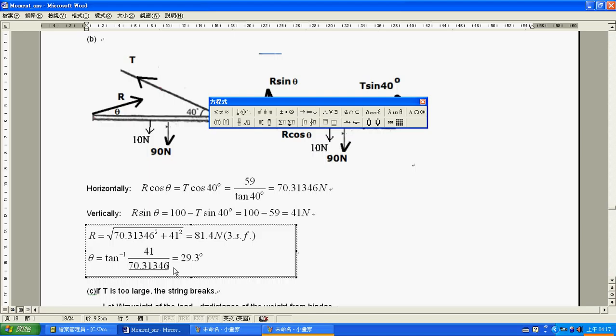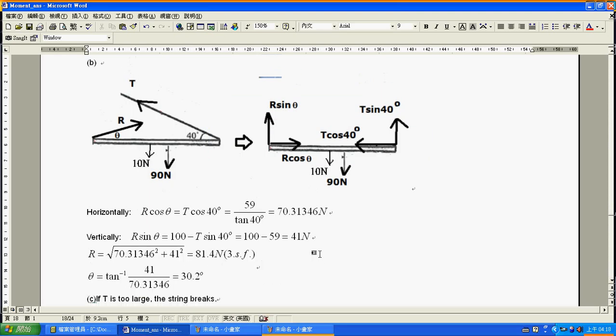So the angle at which the reaction acts should be arctangent of 41 divided by 70.31346. So what do we get? 30.2 degrees. Alright, so that's part B.